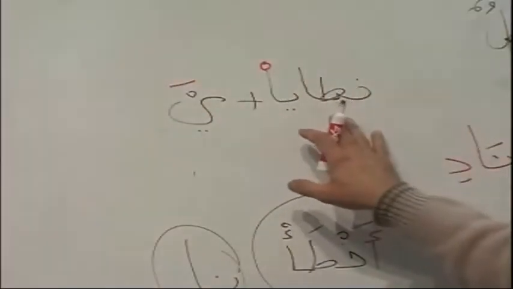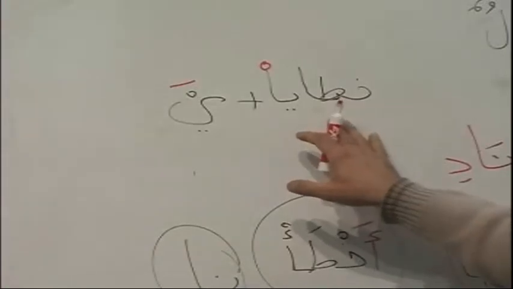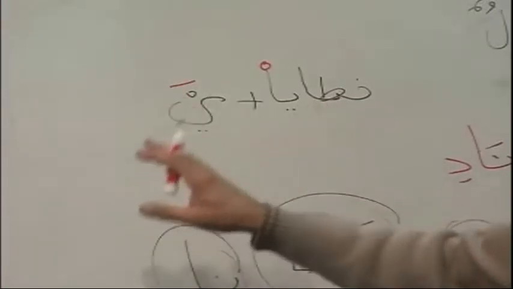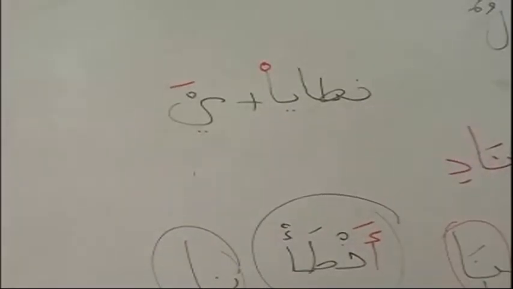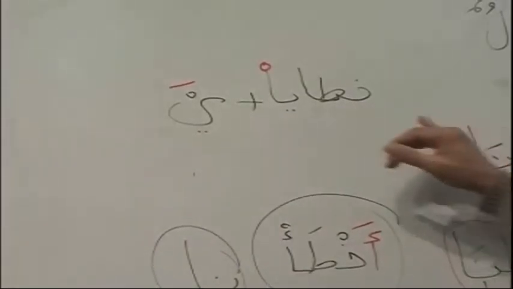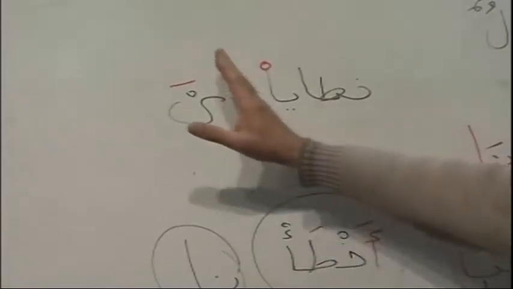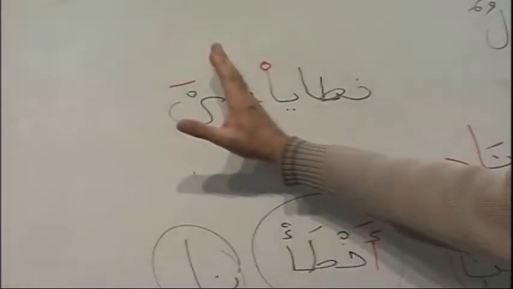Is khataya definite? Yes. Why? Because the mudaf ilayhi is definite. I cannot put al on khataya. That will be wrong. Okay. If I put al on khataya, then I got to remove this. It cannot come as a mudaf ilayhi.